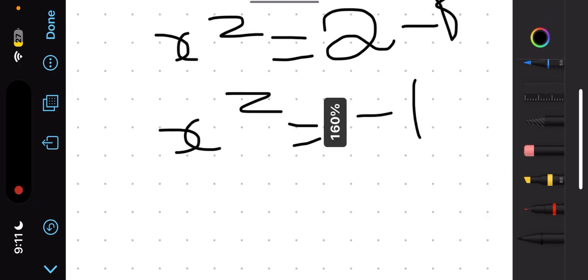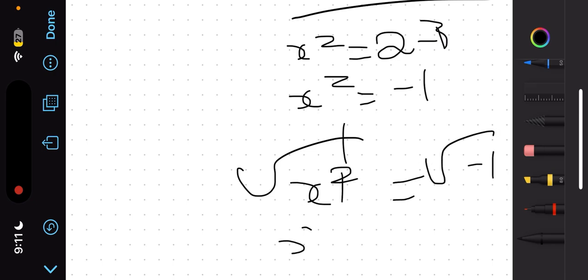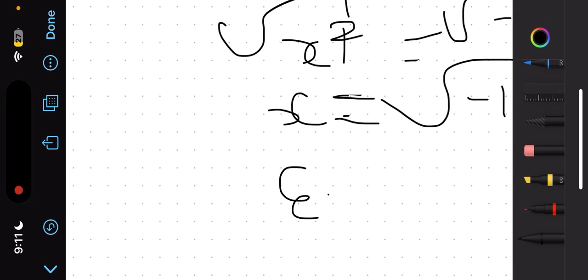Okay. Now, in this situation, you will use a radical, but here comes the twist. If you put a radical on minus 1, the answer will be error. But in mathematics, in your answer, you can't directly write error.